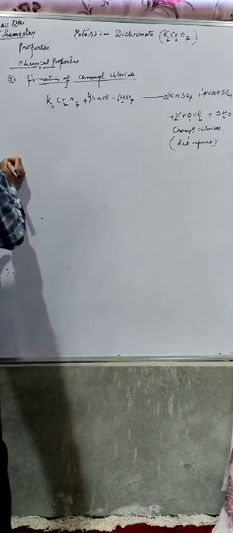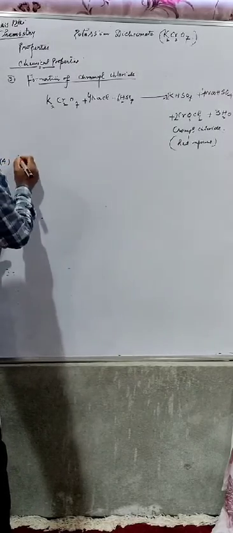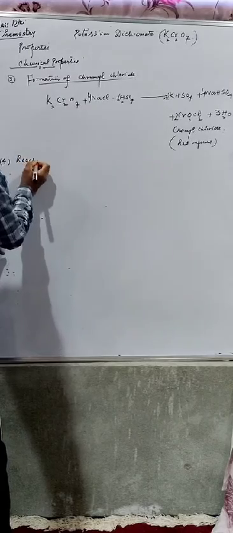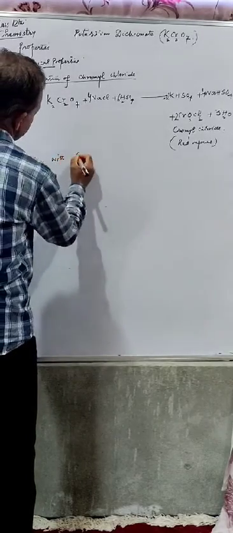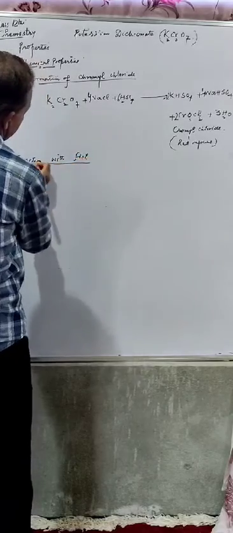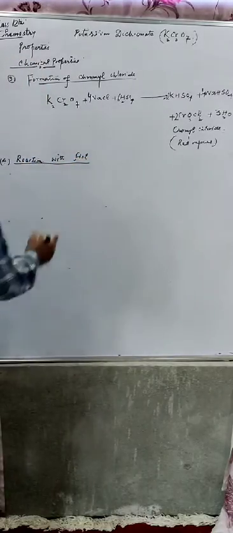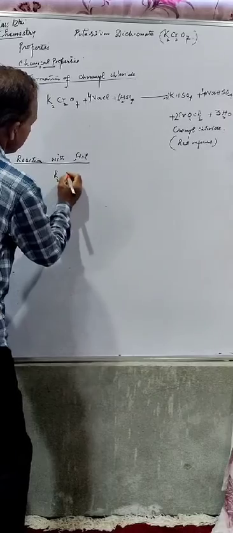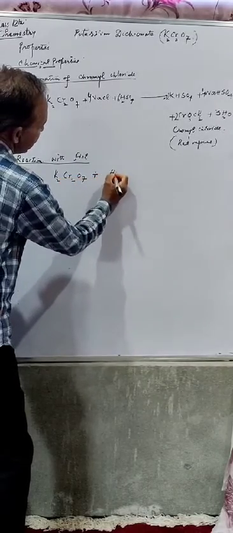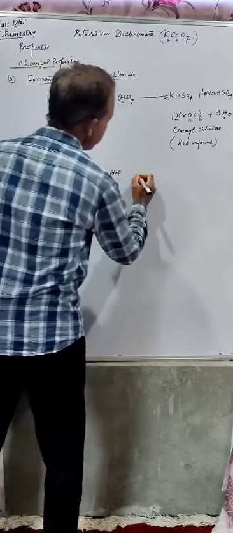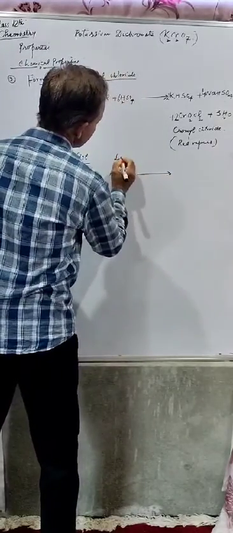Number 4 reaction is reaction with HCl. So potassium dichromate upon reaction with the HCl liberates chlorine.